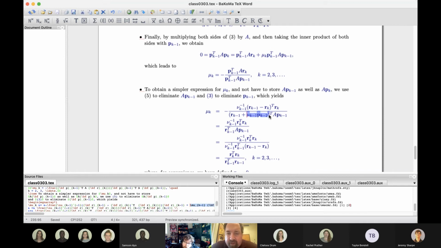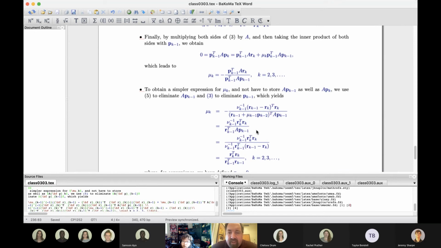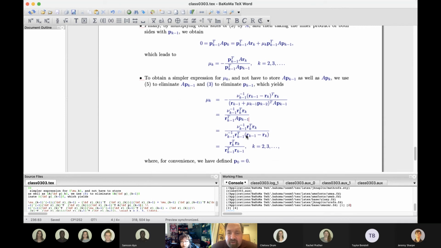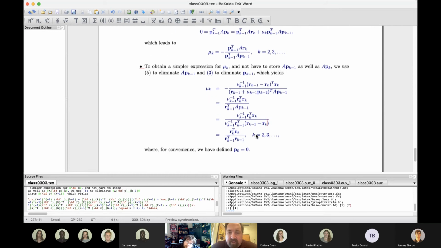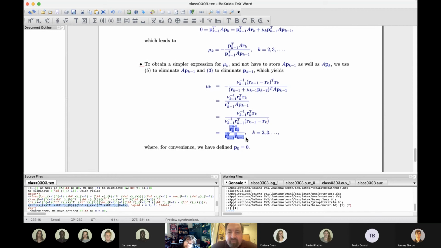So this term goes away, and now I only have this term. Here I have A p_{k-1} again, so I use the same substitution that I used up here. Residuals are orthogonal, r_{k-1} transpose r_k is 0, so this term goes away. Now I have these two constants, nu_{k-1} inverse, above and below. They cancel. This is all that's left.